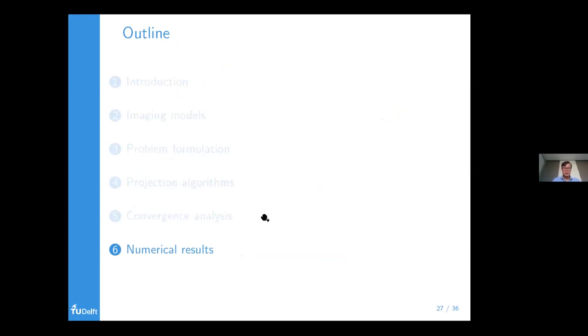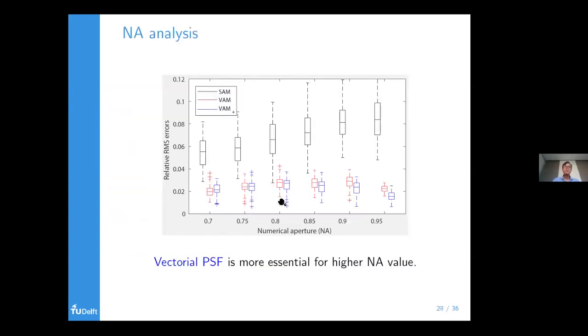We now show some numerical results. This is a simulation, but it is closely relevant to a practical problem we solved two years ago. This plot shows the advantage of the vector phase retrieval compared to the scalar one. The results of 75 numerical experiments are summarized in this figure.